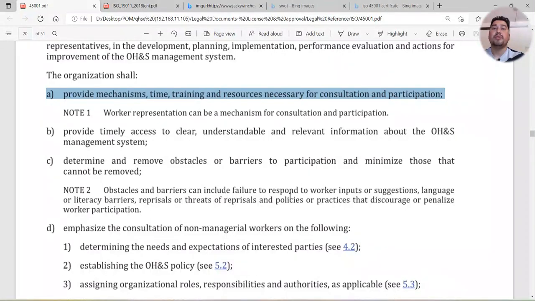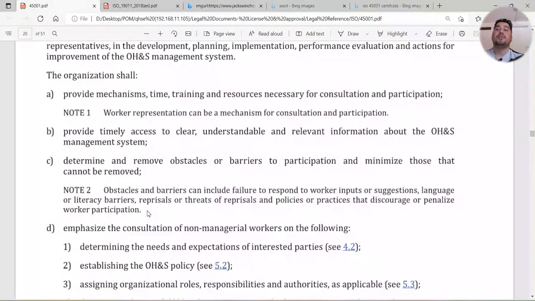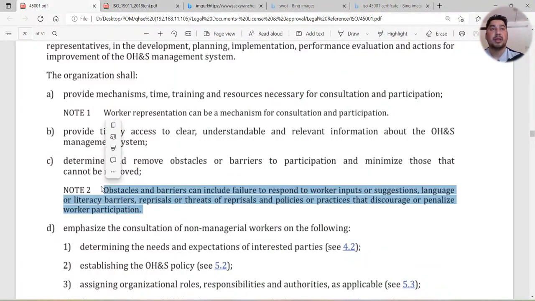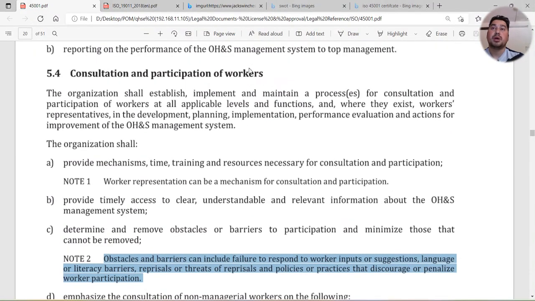Obstacles and barriers can include failure to respond to worker inputs or suggestions, language or literacy barriers, where they cannot write or speak, reprisals or threats of reprisals, and policies or practices that discourage or penalize worker participation. So these are the barriers that you have to deal with, and how you want to protect them. These things should be included in your worker participation and consultation process.